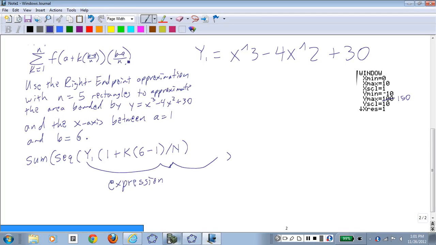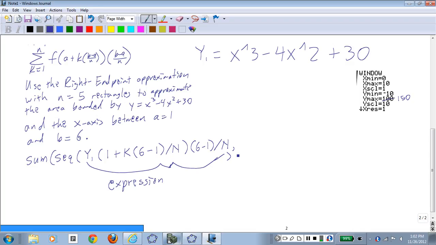The rest of it I have to multiply by b minus a over n. So I've evaluated, I found the height, now I've got to multiply that by the width of that rectangle. So it's times 6 minus 1 over n. And then I'm just going to put a comma.